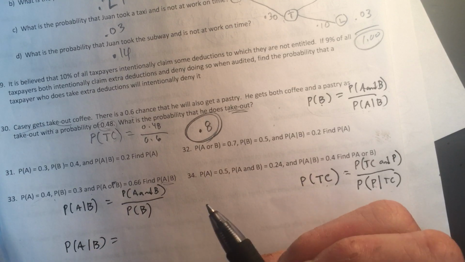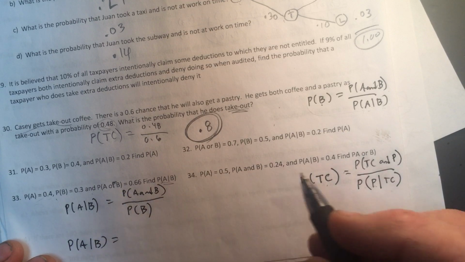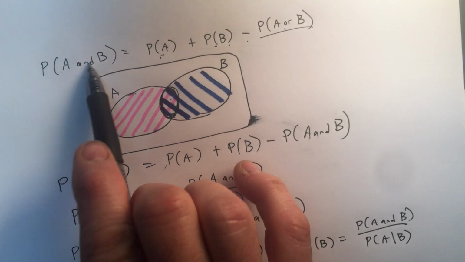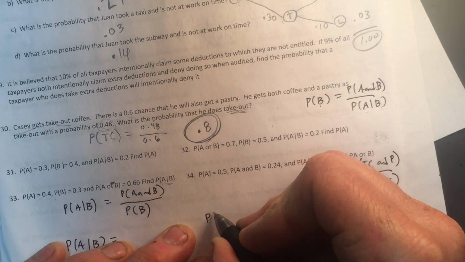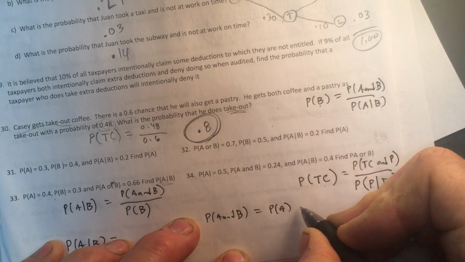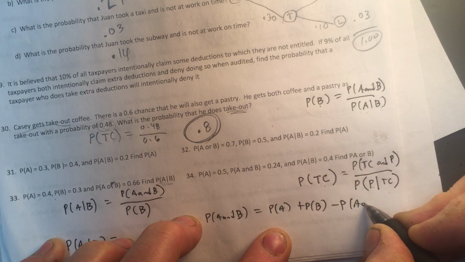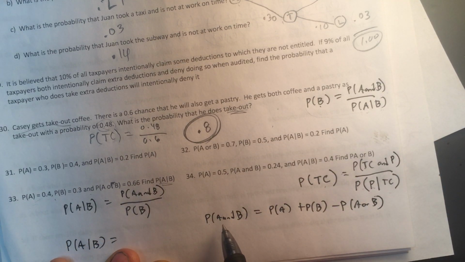This one though, it doesn't tell you the probability of A and B. It gives you the probability of A or B. So we're going to have to use this right here. The probability of A and B equals the probability of A plus the probability of B minus the probability of A or B. So I'm going to have to figure out what this probability of A and B is.